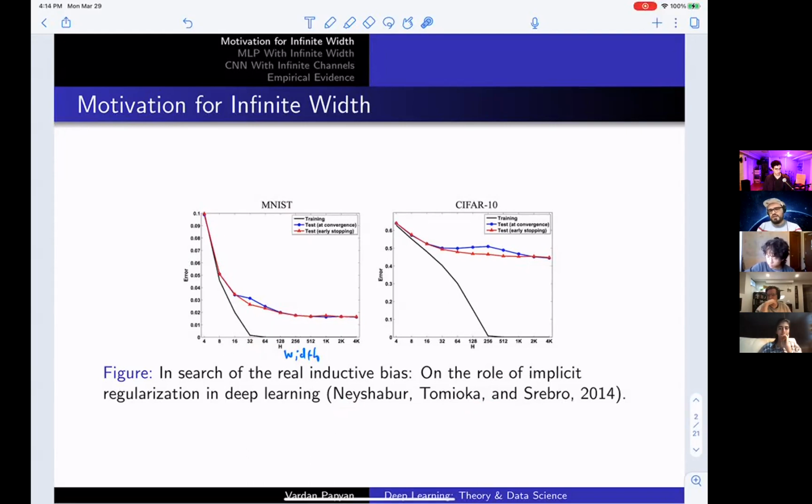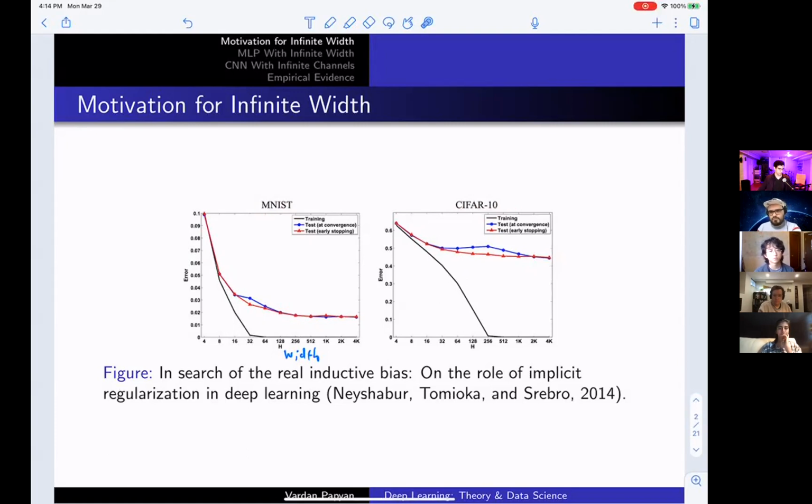What you can observe is that the test error keeps improving. Do you see? Keeps decreasing. And you can see how the same happens for MNIST and CIFAR10. In the case of CIFAR10, again, the test error keeps improving. Now, why is this significant?